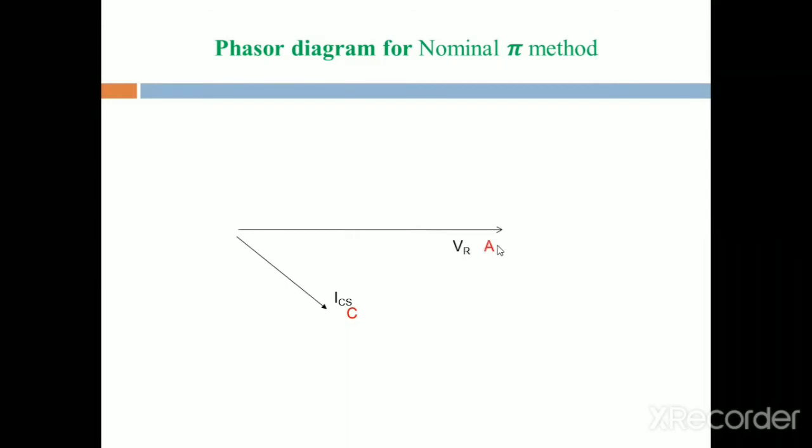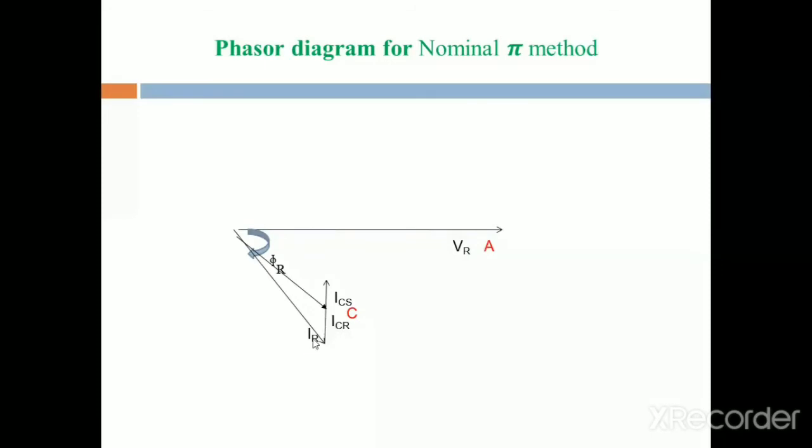First, taking VR as a reference phasor, at an angle of phi r, we draw the IR. At an angle of 90 degrees, we draw the ICR.